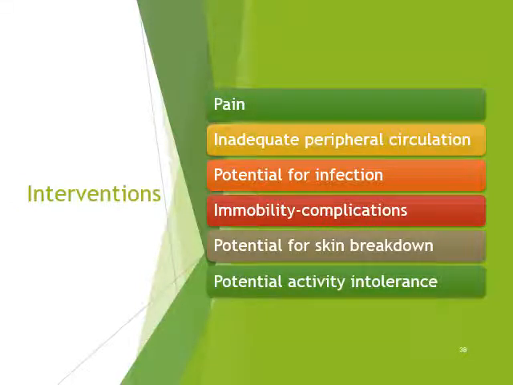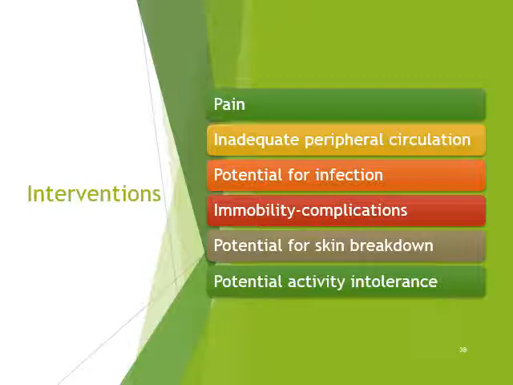So what are some interventions that we're going to have to use? Well, they have pain, so we're going to need to give them pain medication and pain relief. We might need to reposition them in bed with pillows and help them turn from side to side. Also inadequate peripheral circulation.